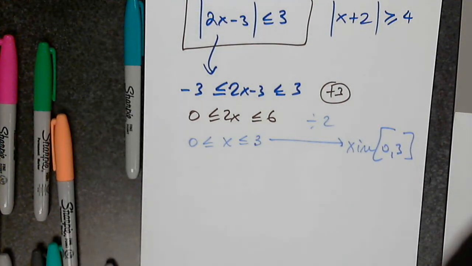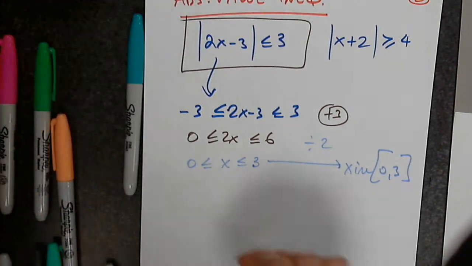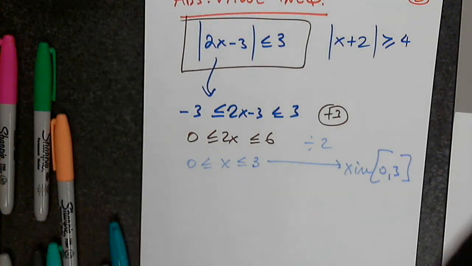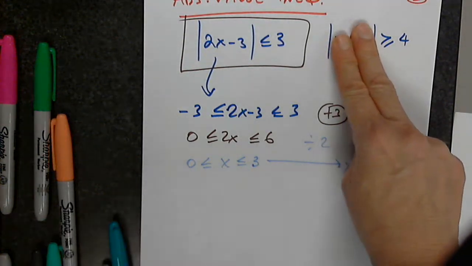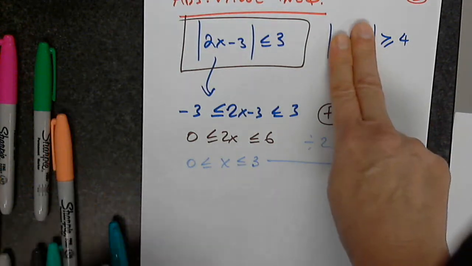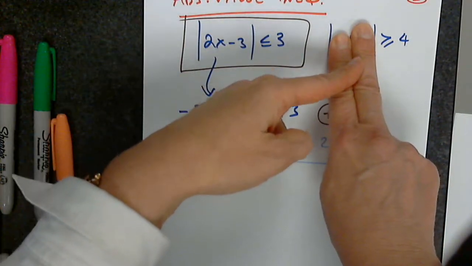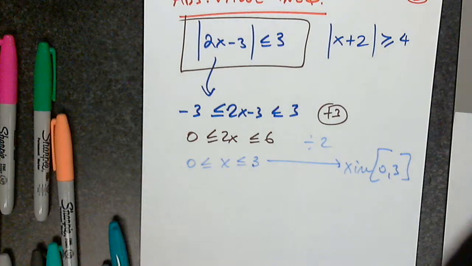Now let's go back to the other one. That's the reason why when I present this, I always present them side by side. What does this say? This is a totally different situation. This one says find these numbers whose distance from 0 is 4 or more. 4 or more means this or that.